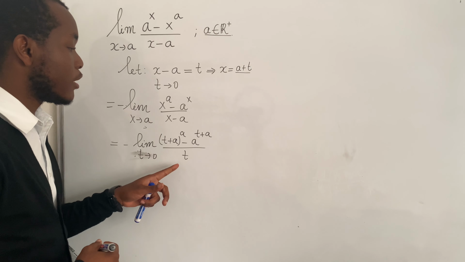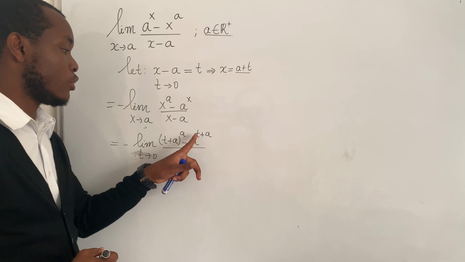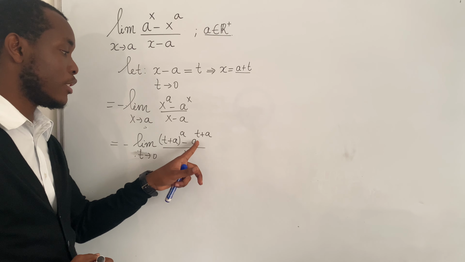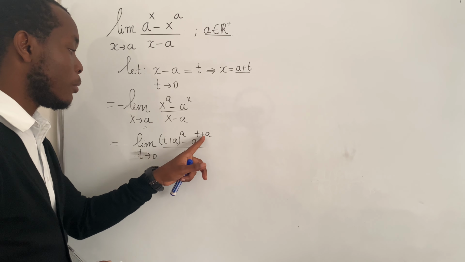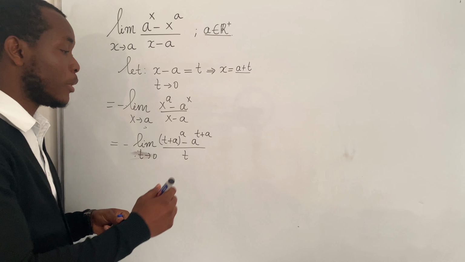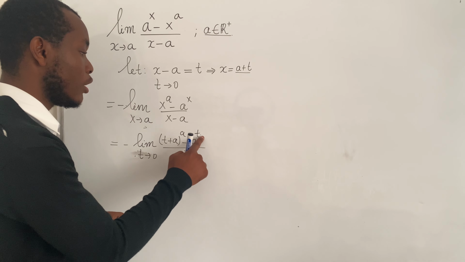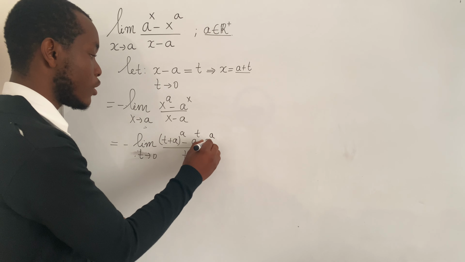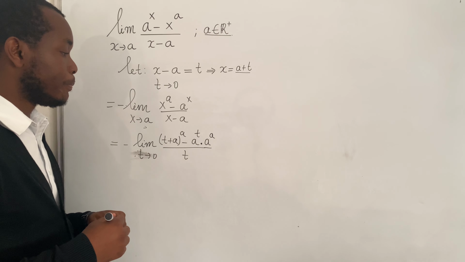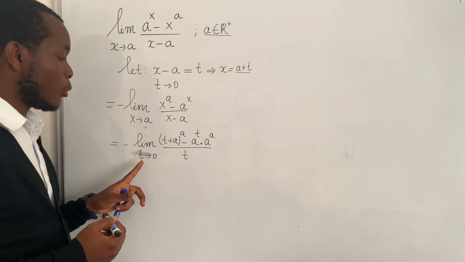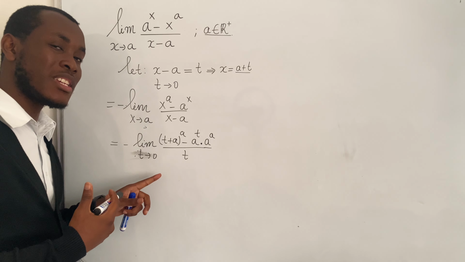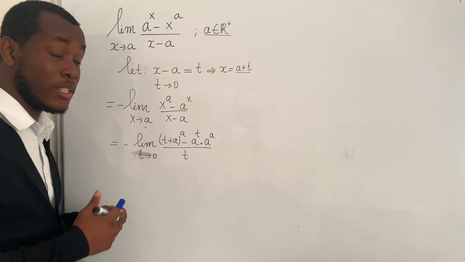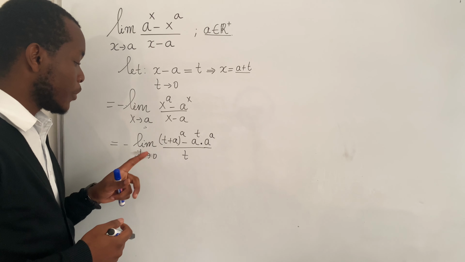Now, having this limit, we have a plus in the exponent, so we have two expressions adding. Since it's a power, if they are adding, before they were multiplying with the same base, so it's not wrong to say this is a^t times a^a. We know that t approaches 0. It's quite the same as saying t is equal to 0, just to simplify our expression.